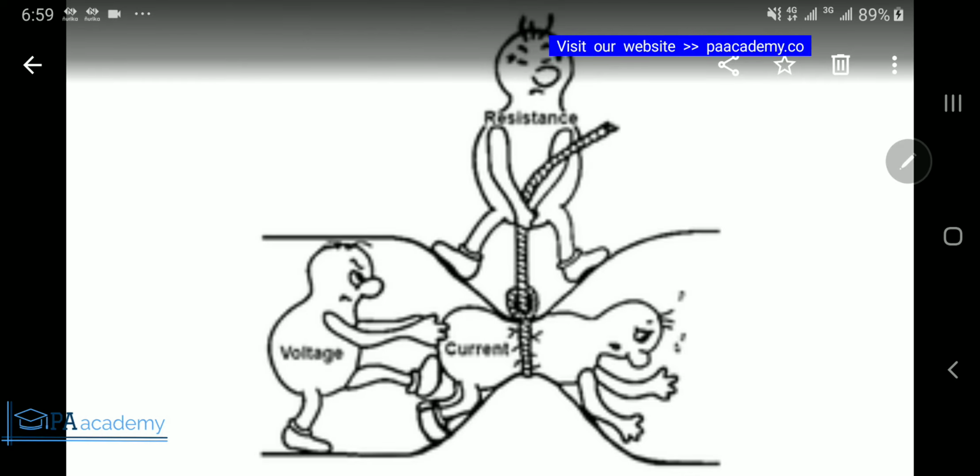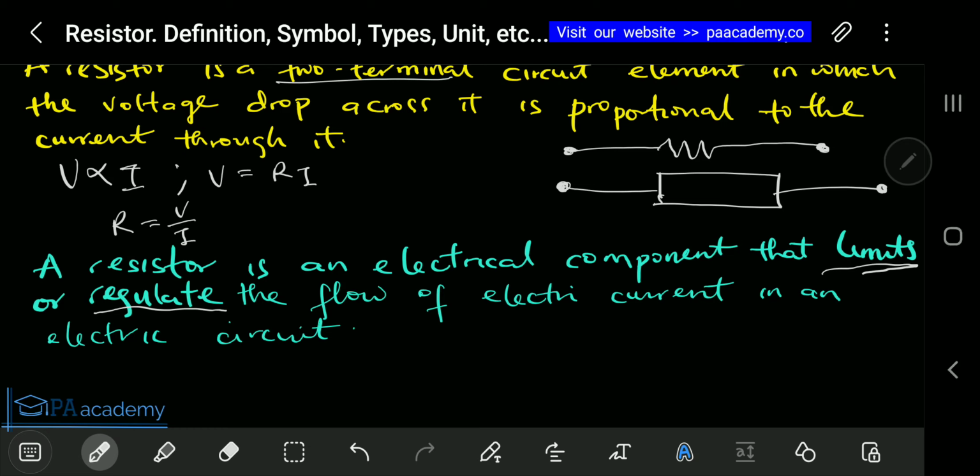As you can see here, the voltage is just pushing the current, but the resistance is the one that is regulating it, that is, the amount of current that wants to pass through that particular conductor or channel or passage. So this picture is one of those pictures that really explain what a resistor, or resistance, is. Okay, so now let's go back. It says a resistor is an electrical component that limits or regulates the flow of electric current in an electric circuit.